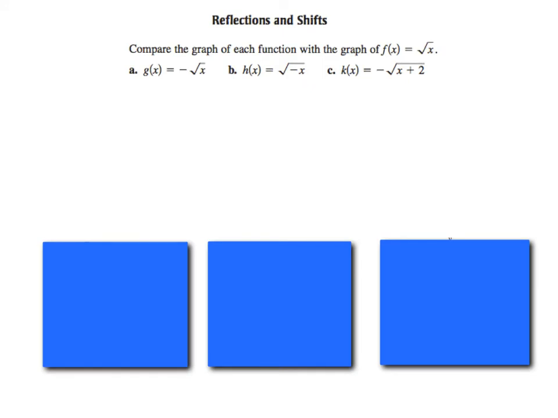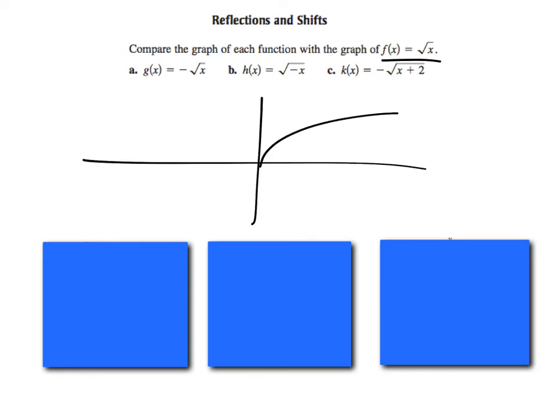Okay, now we're going to sketch these graphs here. So what's a normal square root thing? What's the normal parent function of a square root? Show me. There it is, right there. All right, so our normal parent just goes like that. True? All right. So this one, I have a negative square root x.